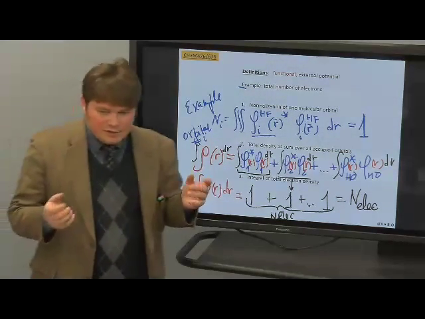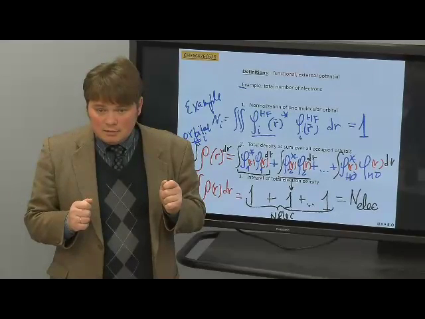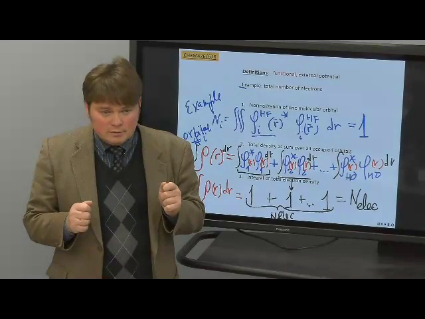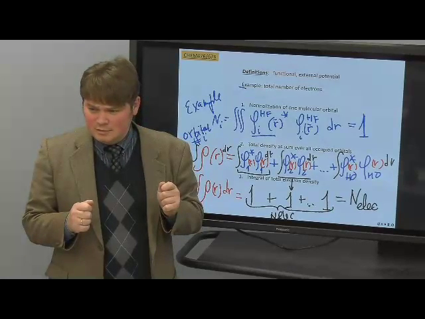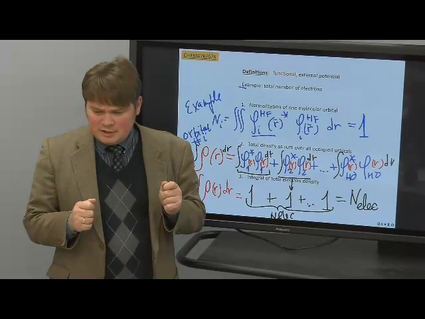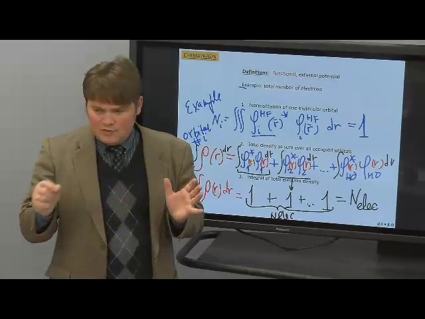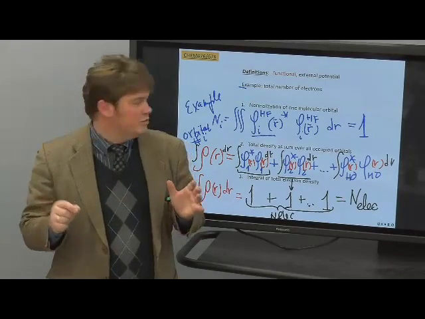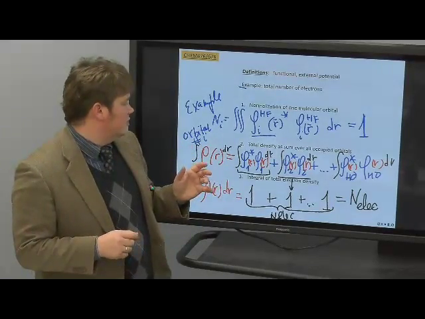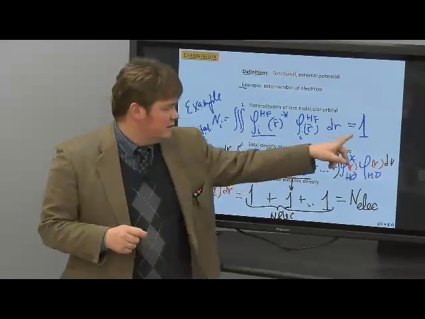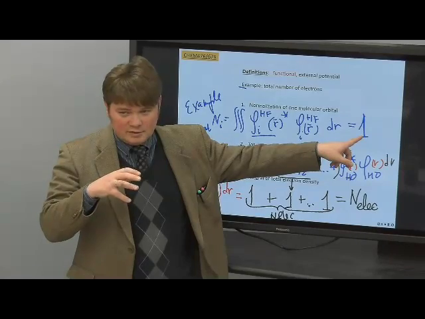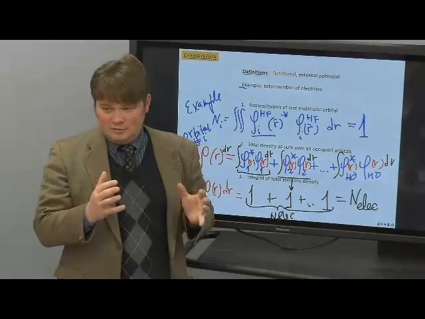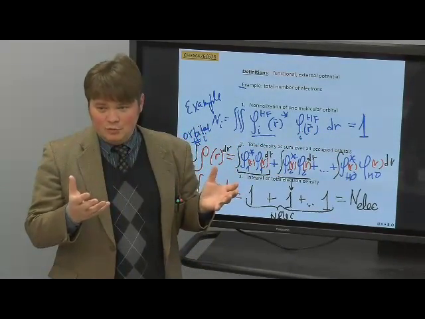So functionals are what? Mathematical concepts that connect a function with a number. For example, one can take electron density and count the number of electrons. If it is one molecular orbital, it is normalized, we integrate it and get one, because it corresponds to one electron.